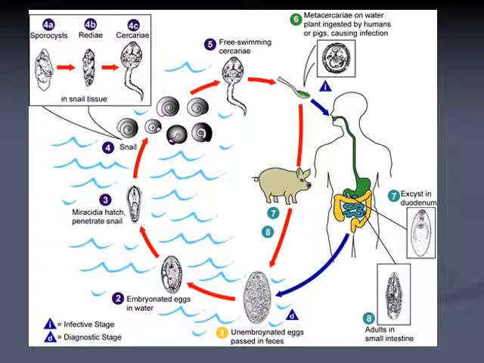There are the adults in the small intestine, eggs coming out in water, and embryonated eggs in water in 1 week. Then the miracidia go to the snail, cercaria comes out, and it infects the patient through the plants. Also, the pigs are the reservoir hosts and also other herbivorous animals.